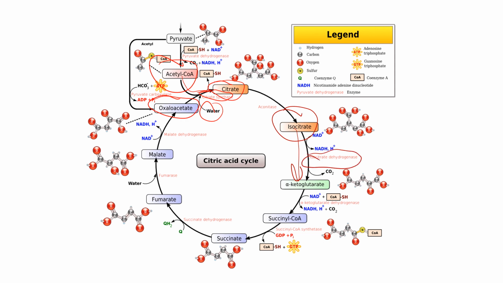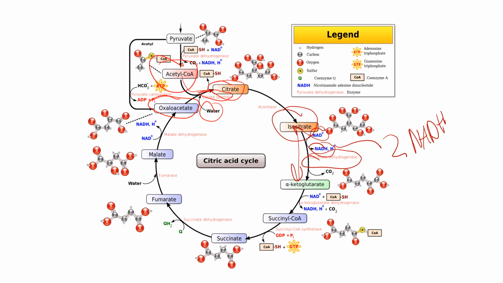The way that this occurs is NAD comes along, steals some hydrogens off of isocitrate, and that ultimately oxidizes isocitrate to alpha-ketoglutarate, and we have now formed an NADH. But you want to remember that this reaction is going to happen 2 times because we get 2 rounds of the Krebs cycle. So what we've really gained here is 2 more NADH molecules, 1 for each round.